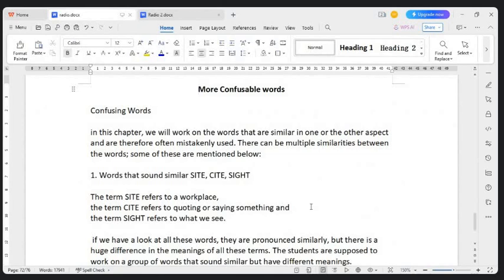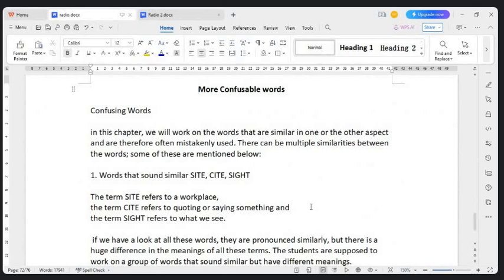Okay, now words such as site, cite, sight. The term SITE refers to a workplace, a construction site. CITE refers to quoting or saying something. I cite these lines. Okay, I am quoting these lines.